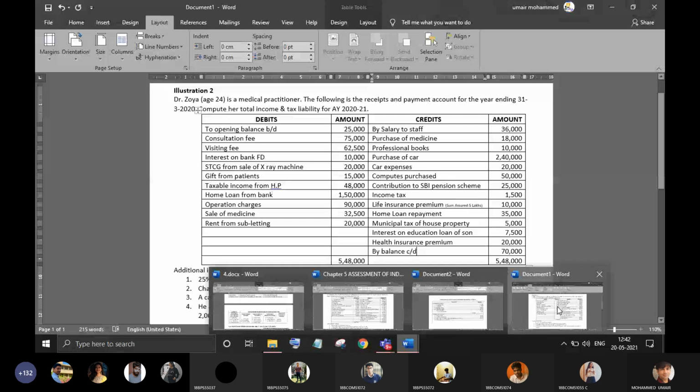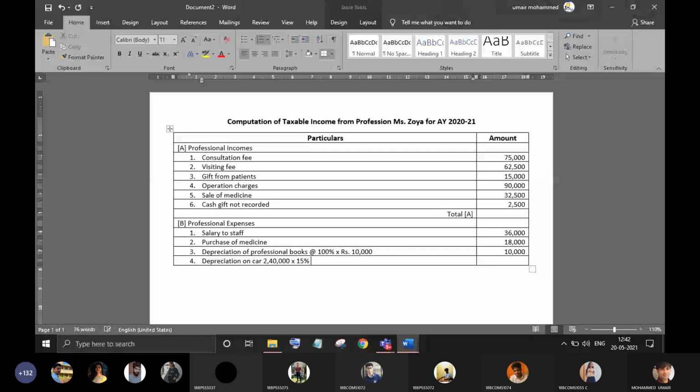Further, we have to multiply this with the proportion of usage. 25% of the car is used for personal use, and 75% is used for profession, and therefore depreciation or any other car expense will be allowed in the proportion of usage which is meant for profession. So 2,40,000 into 15%.